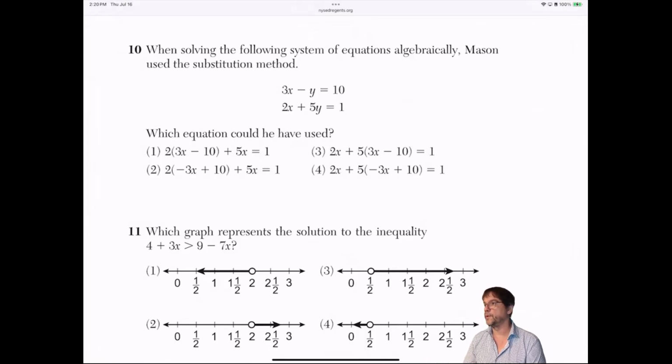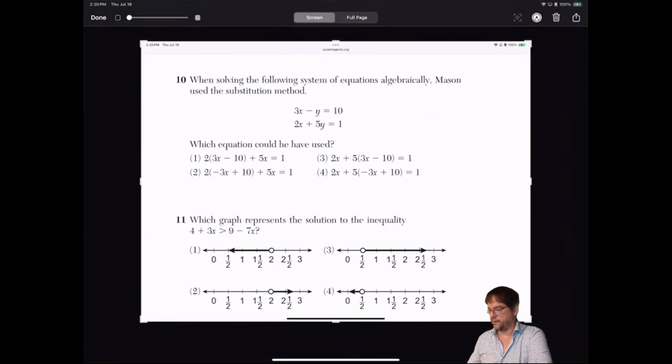Do you want me to do this one with you? Okay. Let me again create space because you need to write a lot here.